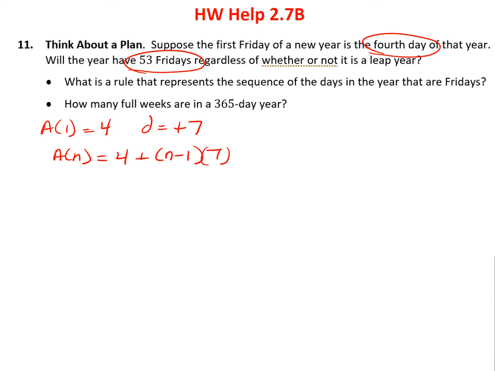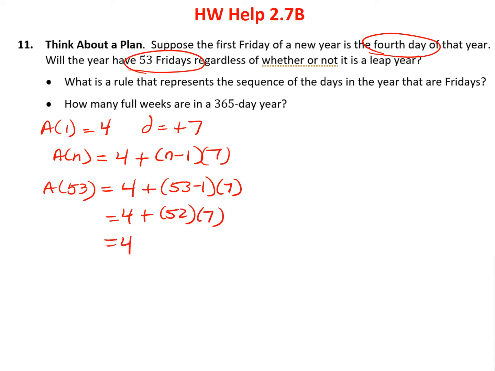All right? I'm using the explicit formula right there. So now let's check to see what it's going to be with 53 and to see whether that works. So let's plug in 53 and see what day that's going to arrive on, how many days that will be. So 4 plus 53 minus 1 times 7. So that's going to be 4 plus 52 times 7.